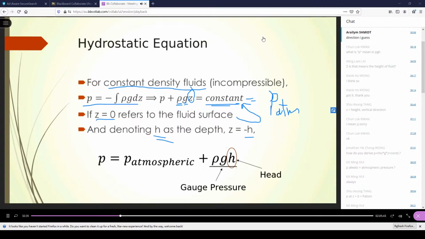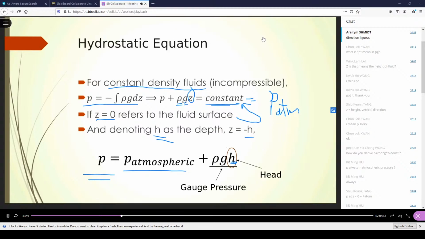And so this is the pressure of the fluid at a depth of h, and this is the reference. We make the reference at the liquid-air interface.